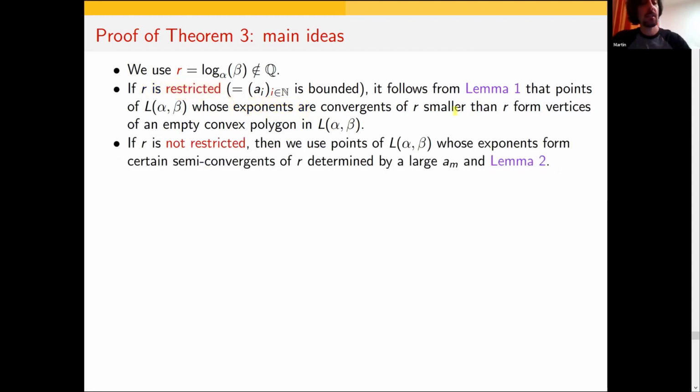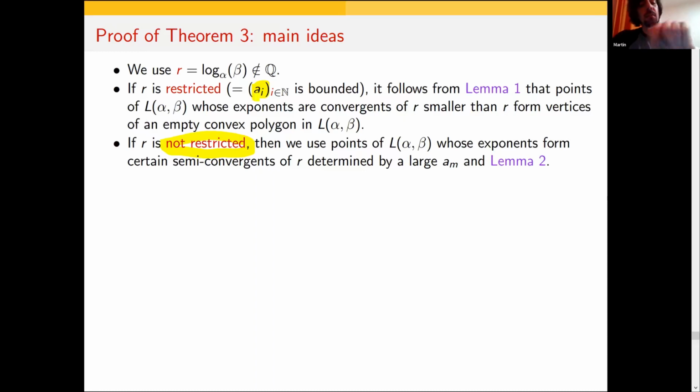If r is not restricted, then this is the case where we use Lemma 2. So this is where we use the semi-convergents. Because if r is not restricted, then the coefficients a_i grow infinitely. They are not bounded. They can be larger than any given number. So if I'm given a number m and I want to construct an empty convex polygon of size m, then I will take a coefficient a_i for some sufficiently large i, so that a_i is larger than m.